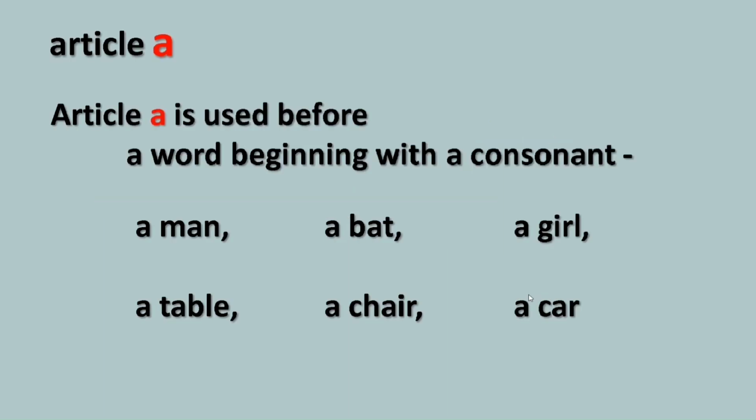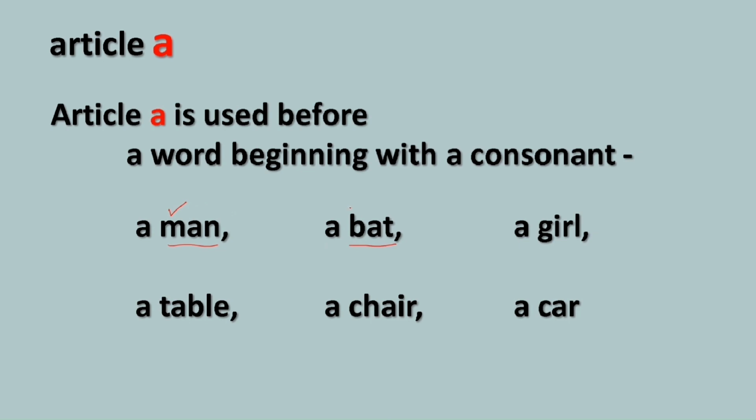The first rule is that article A is used before a word beginning with a consonant. In the English alphabet, other than A, E, I, O, U, all other letters are known as consonants. So article A can be used before words starting with all these consonant letters. See the word man. It starts with M, a consonant letter.